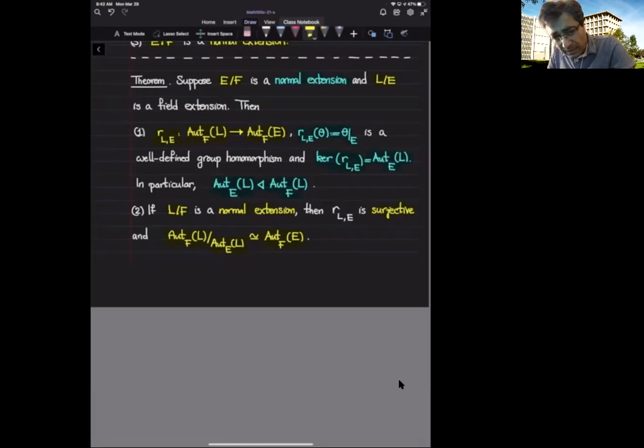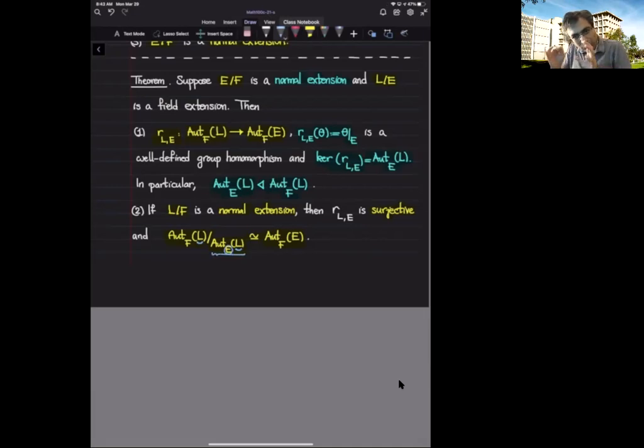It is common to get confused between these groups. One rule of thumb is that when you are working with F automorphisms of L, the only possible subgroup you have to consider is again automorphisms of L with a bit more restriction, so not only F-linear, but also E-linear.